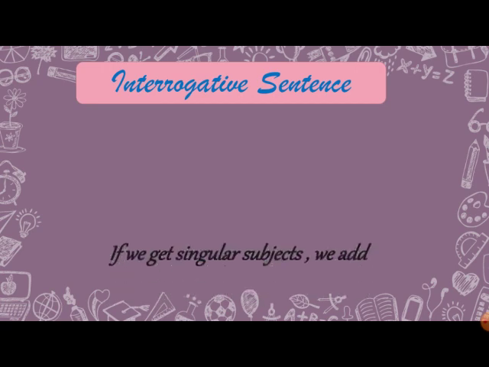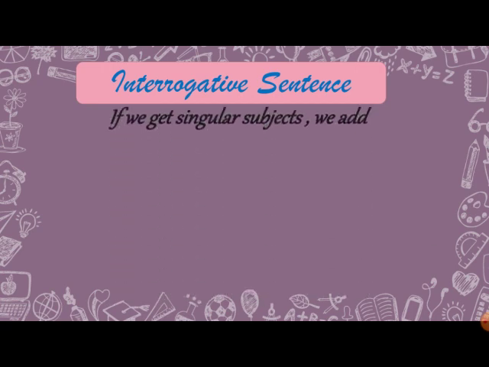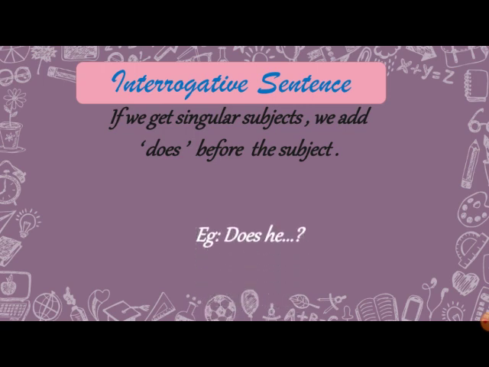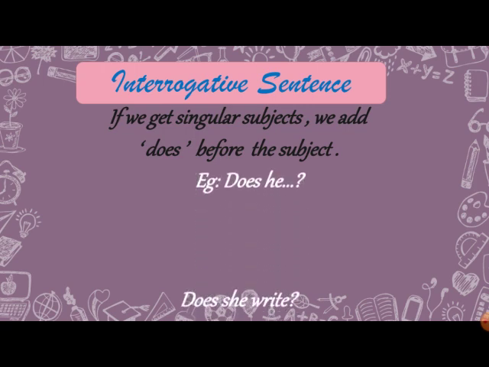But again, if you do not get is, are, am and the subject is singular, we add does before the subject. Simply place does before the subject and the root form of the verb and put a question mark. For example, does he?